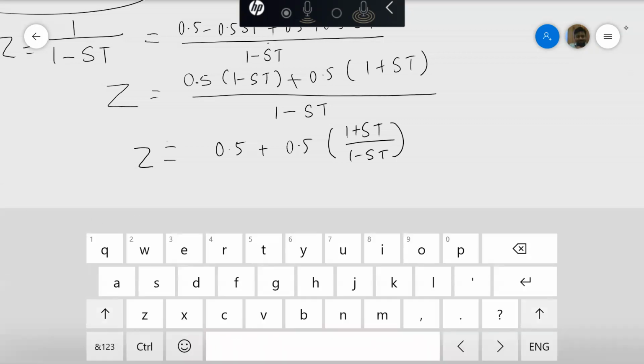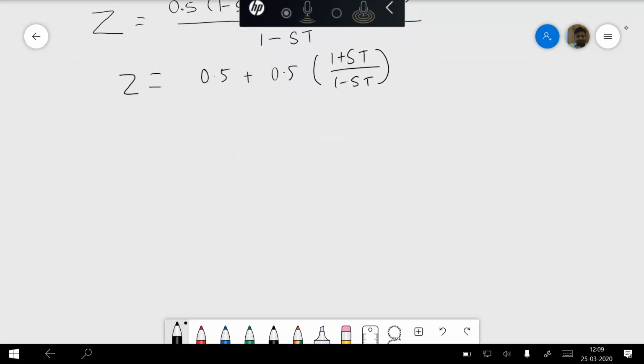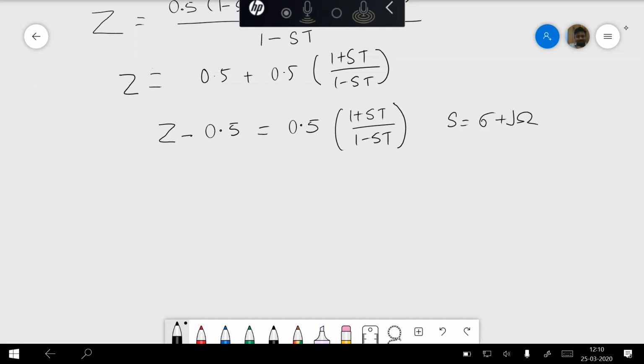Now let me do the next part. If I take 0.5 to this side, I get z minus 0.5 equal to 0.5 multiplied by 1 plus sT divided by 1 minus sT. Now we know that s is equal to sigma plus j omega. This is a clear concept; you have studied it in network theory, control systems and everywhere.